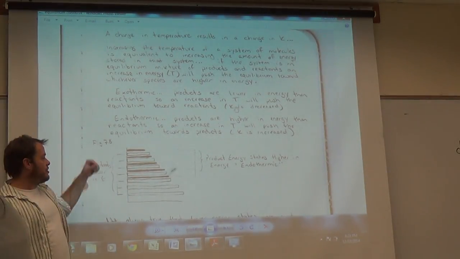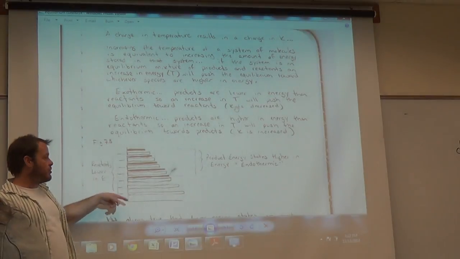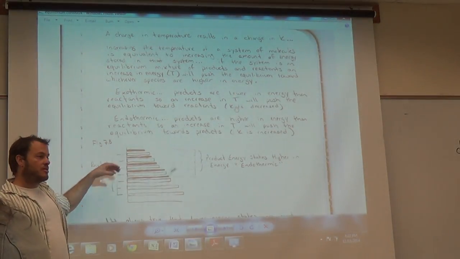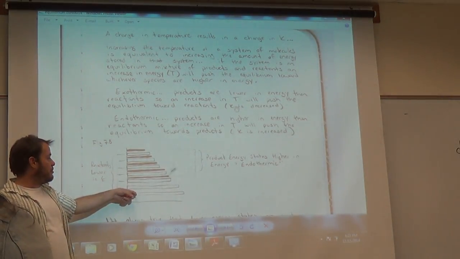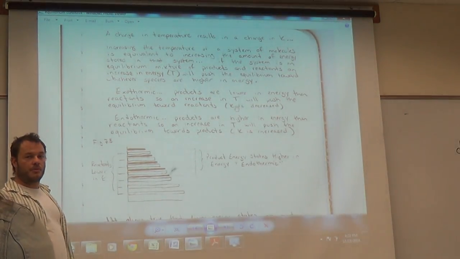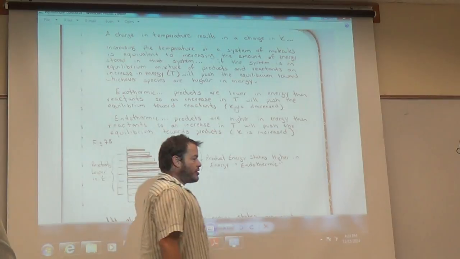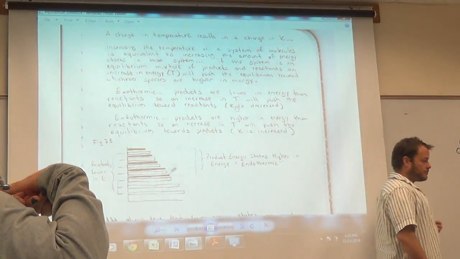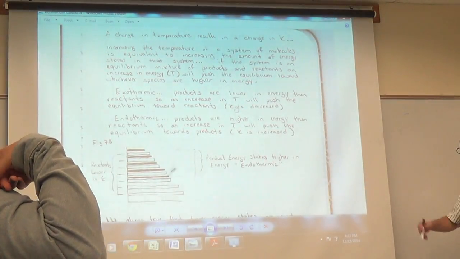But as you increase the temperature and more energy is delivered to the system, you'll end up pulling molecules out of these lower energy states and populating the higher energy states. Just like we learned to predict using Le Chatelier's principle.